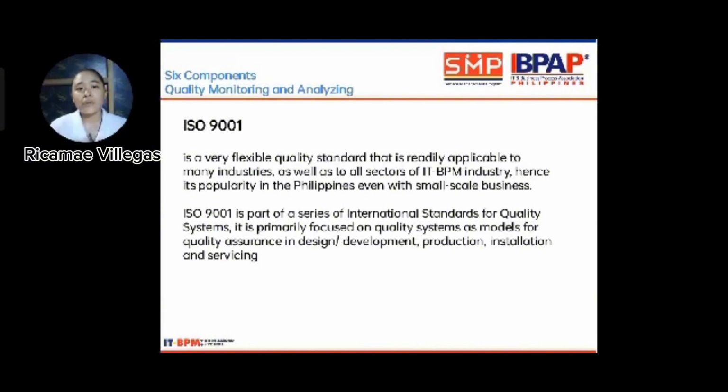Next is ISO 9001, a very flexible quality standard that is readily applicable to many industries as well as to all sectors of the IT-BPM industry. Hence its popularity in the Philippines, even with small-scale businesses.